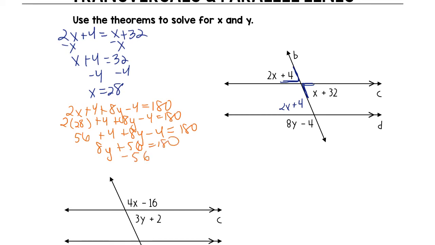Can subtract 56 from each side. Get 8y is, I get my calculator out, is 124. And divide both sides by 8. And then get y is 15.5.